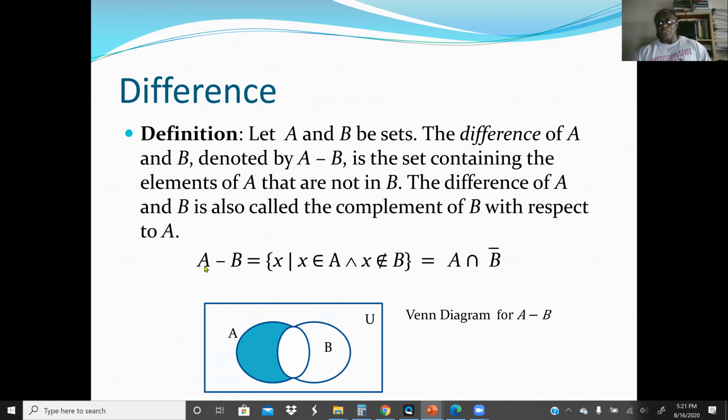So again, if I have A minus B, it means we need all the elements that are in A and also the elements that are not in B. So this is the same as writing A intersect B complement.